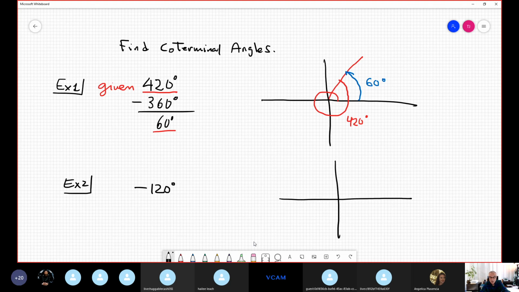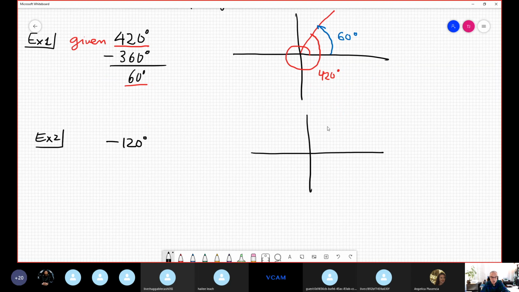Negative angle is, remember, not counterclockwise, it's clockwise. So if it's clockwise, it's in that direction. It's a 90 degree, and this is a little bit more, 30 degrees, so 90 plus 30, a 120, no? Here, I suppose. And in that direction is clockwise, negative 120 degrees.